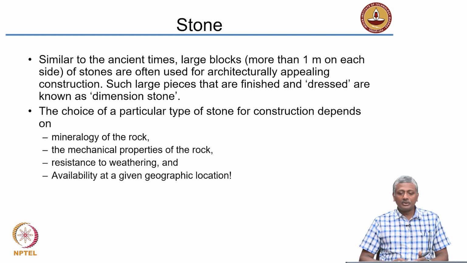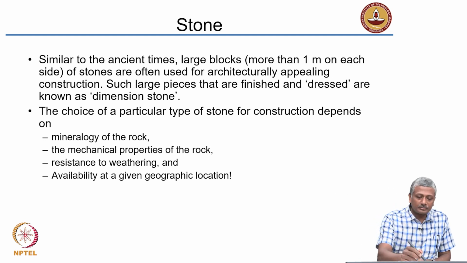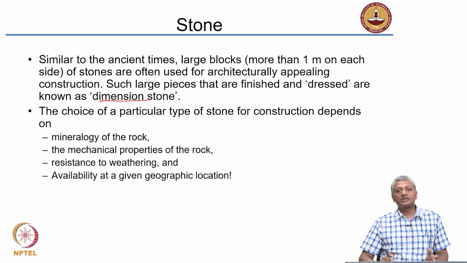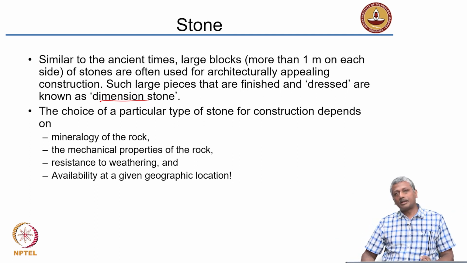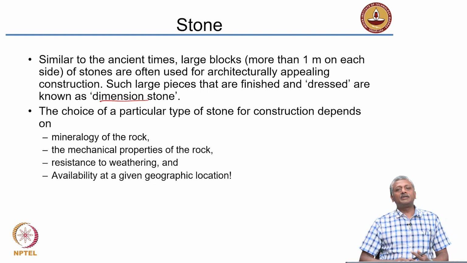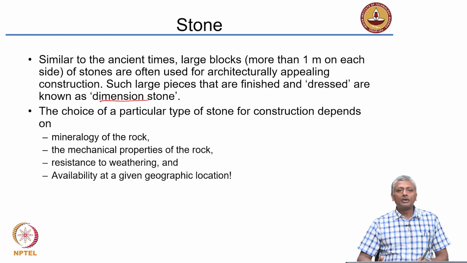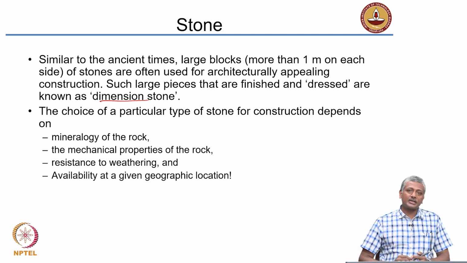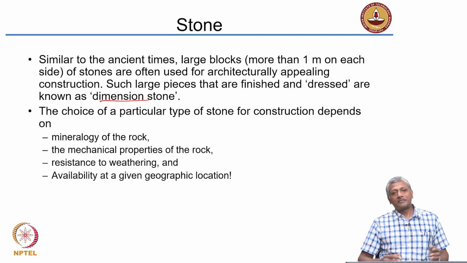These blocks are called dimension stone. 1 meter type size of stone blocks used for construction are called dimension stone. Of course, people started realizing that productivity improved a lot by reducing the size of the blocks. If you think about the oldest structures in stone, like the pyramids of Egypt, the stone blocks there are massive.